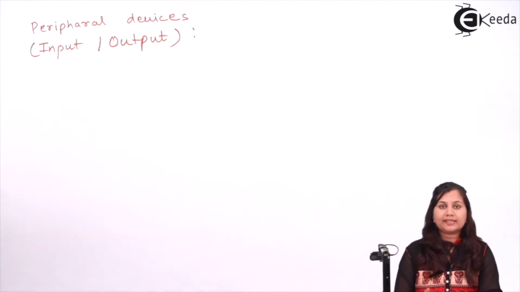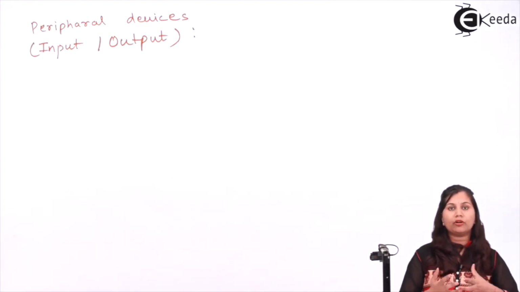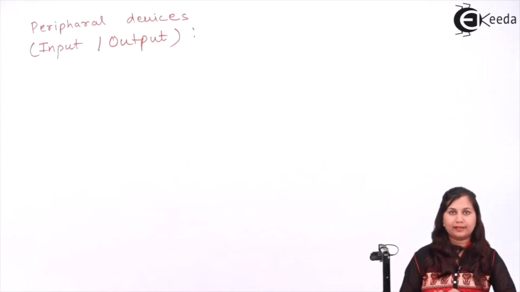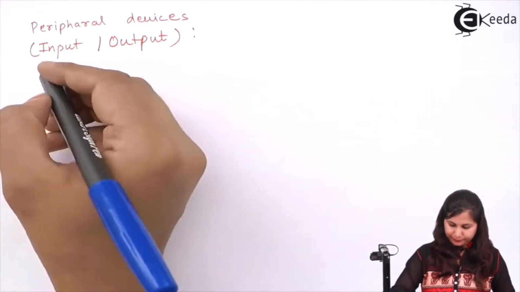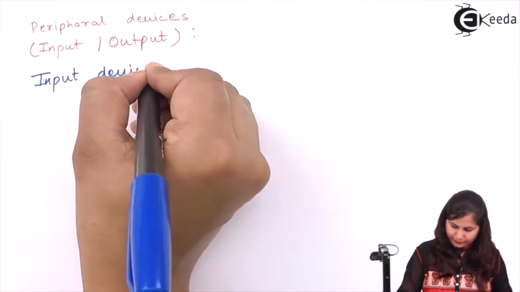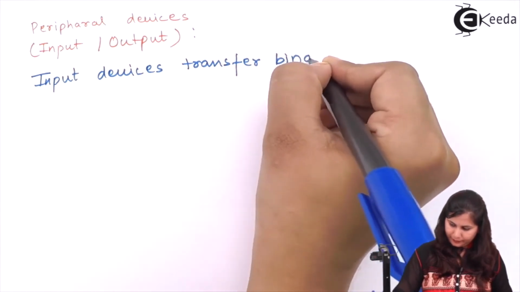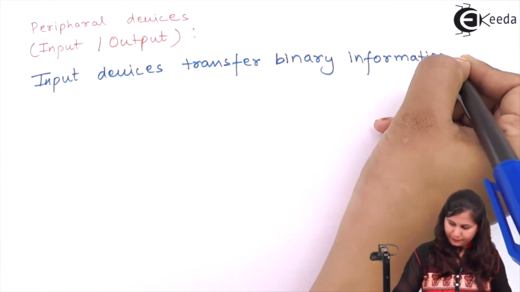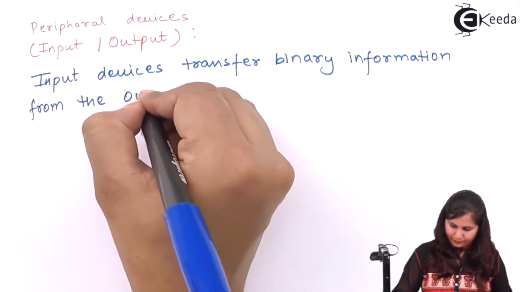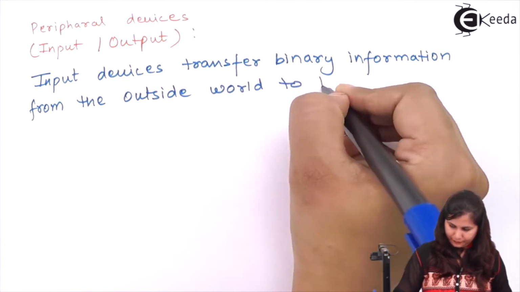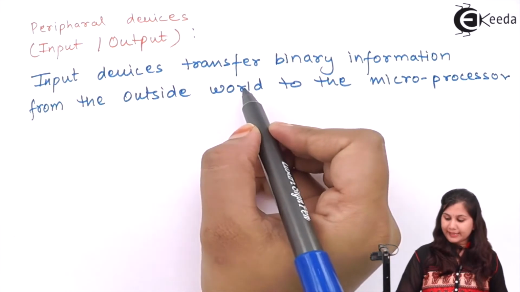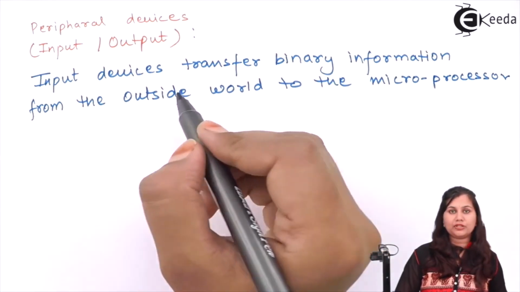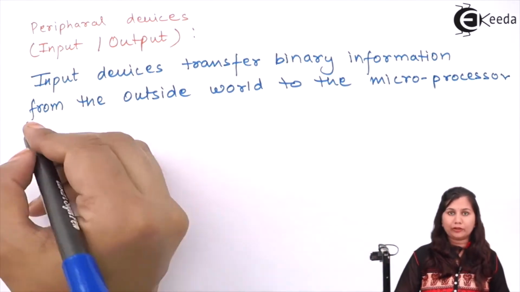Now, what the input devices are doing is giving the input or the data to the microprocessor, and output devices are displaying the result so that the user can read it. So input devices are providing or transferring the binary information from the outside world to the microprocessor.